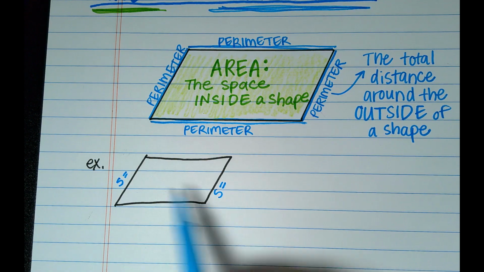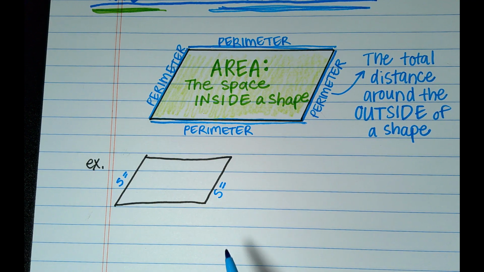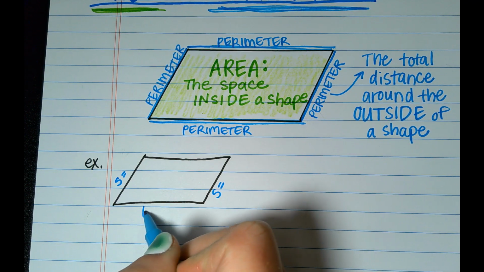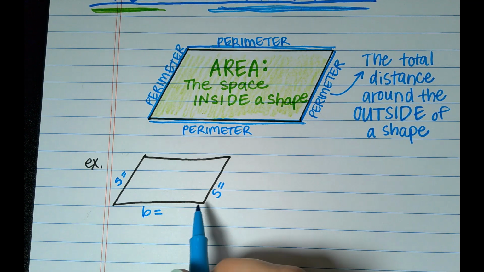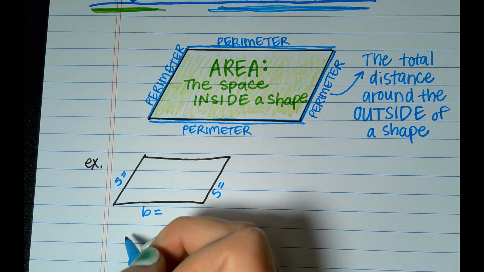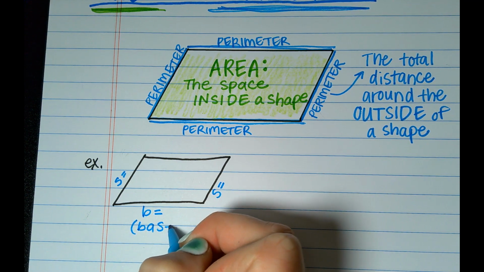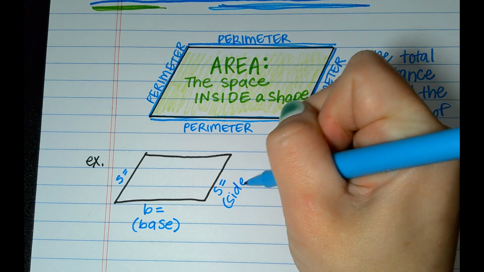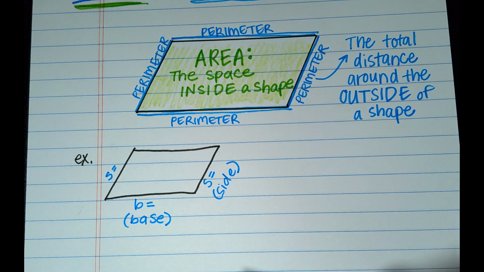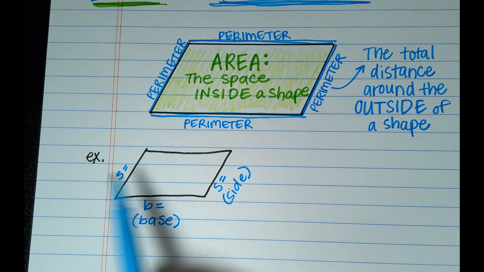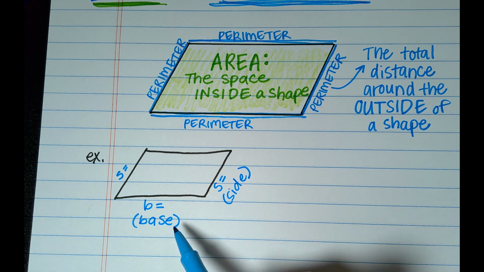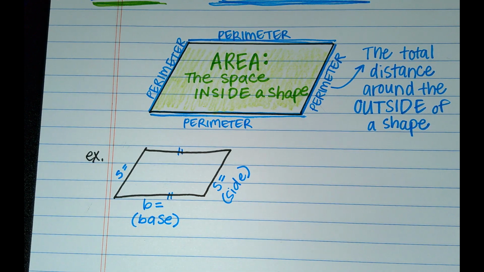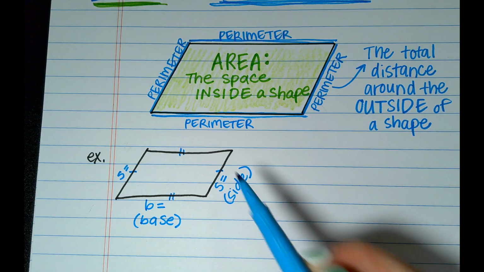Remember, these across from each other are equal. The bottom line is our base. And all right, side. So we have sides, we have a base, and we know that the sides across from each other are equal.